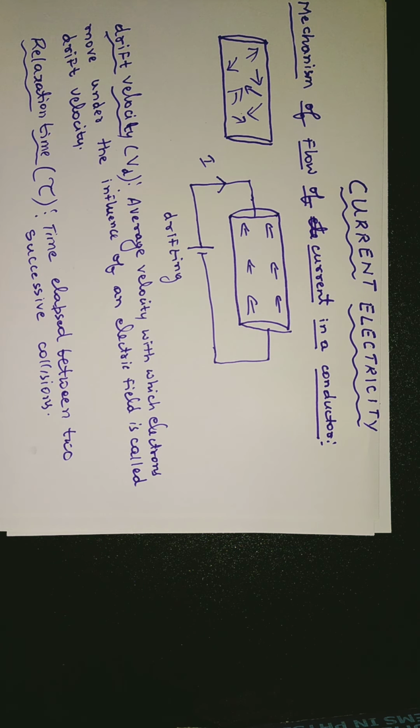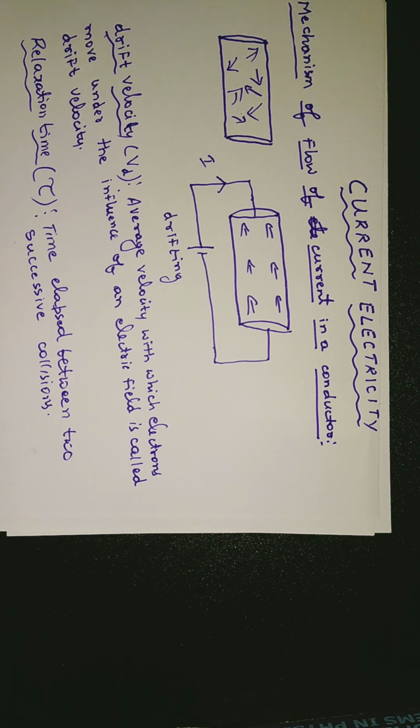There is a small time gap between two successive collisions. This small time gap elapsed between two successive collisions for an electron is what is called relaxation time. Relaxation time is represented by tau. Time elapsed between two successive collisions for an electron in a conductor under the influence of an electric field is what is called relaxation time.